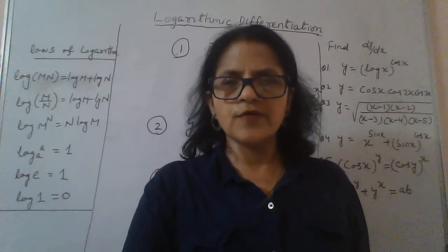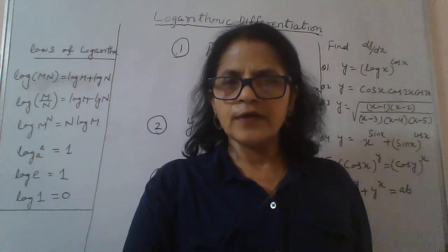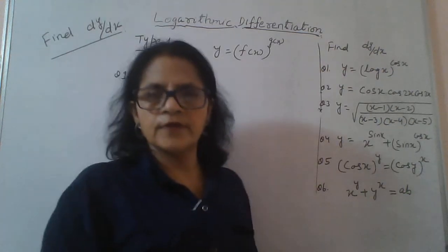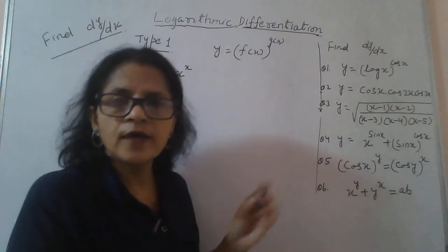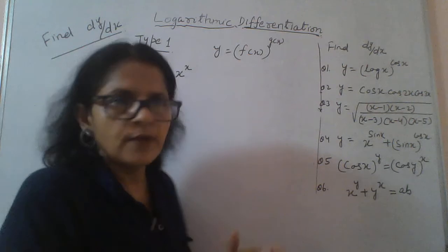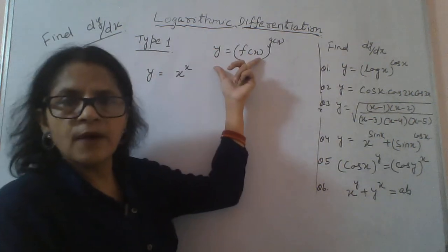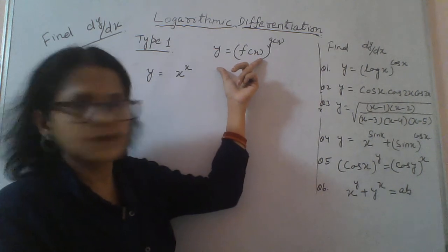So we will take some questions to have a clear understanding of logarithmic differentiation. I will consider three types one by one. Type 1, I am considering the power function, when one function is a power of another function.